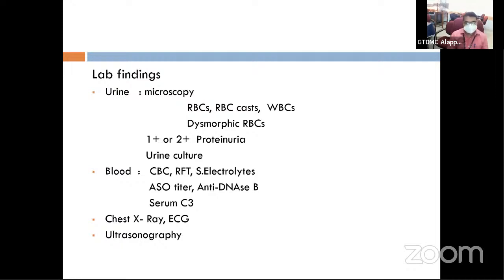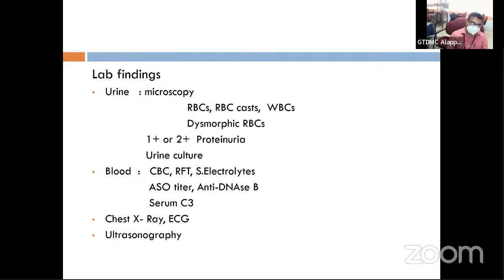RBC casts also indicate the glomerular origin of the hematuria. And WBCs can also be there in the urine. It does not indicate any infection, but it indicates inflammation of the glomeruli.